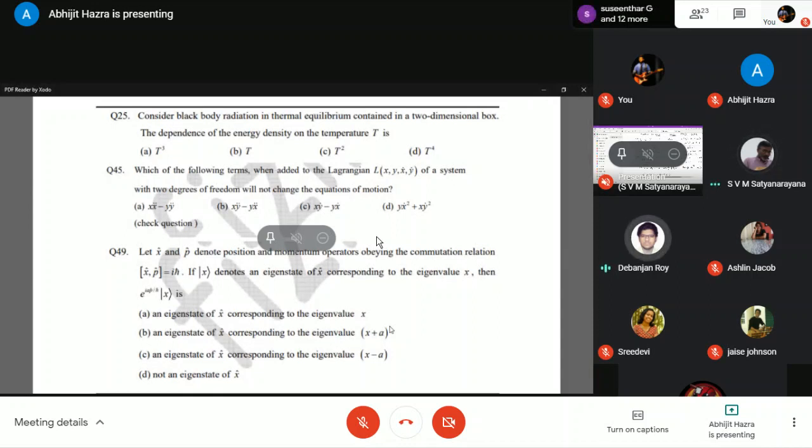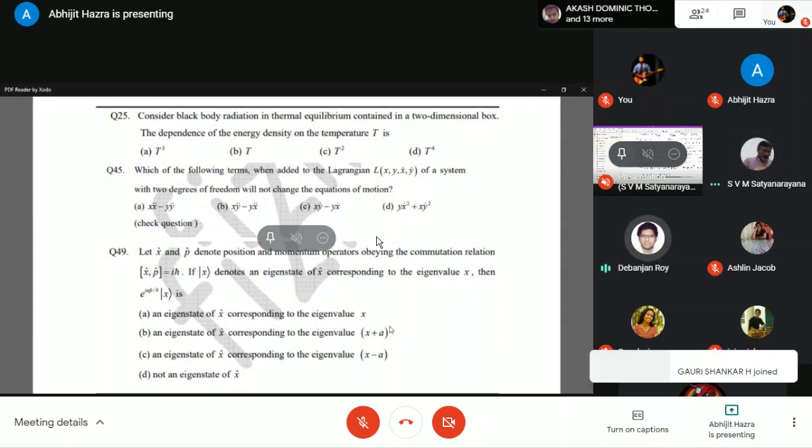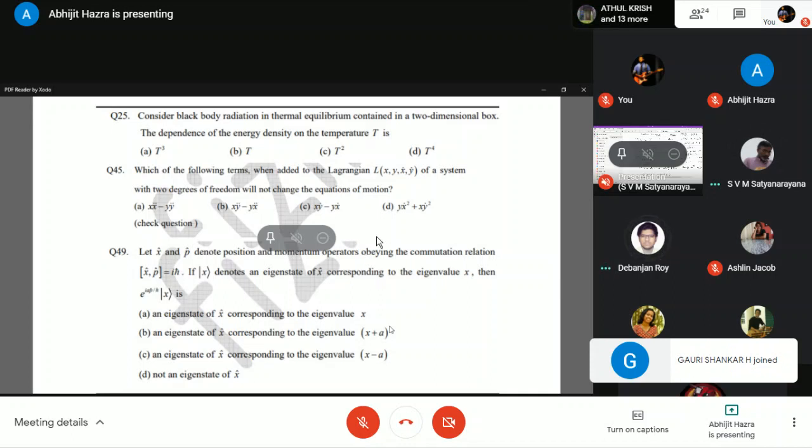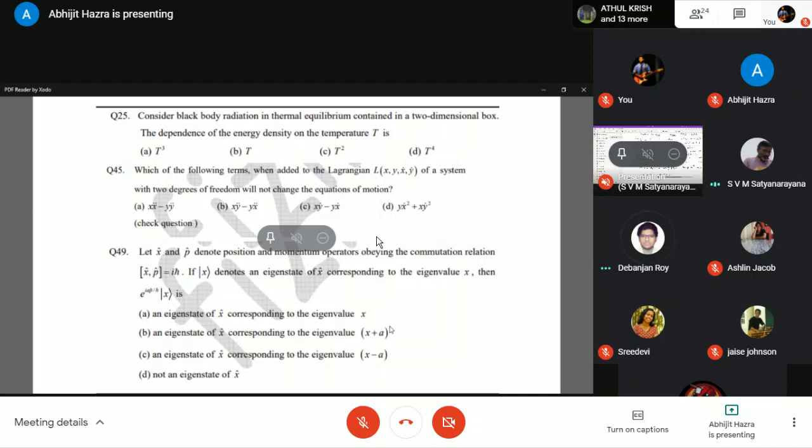So if we have E proportional to p to the power S in D dimensions, then U is proportional to T to the power D by S plus 1. I have read that. Is it the correct answer, sir?